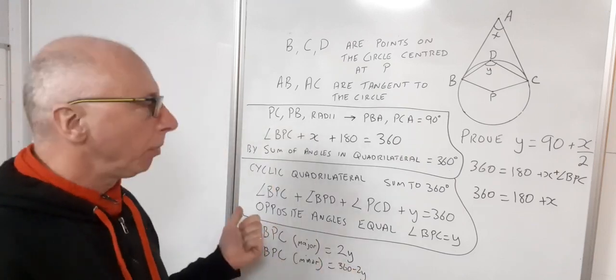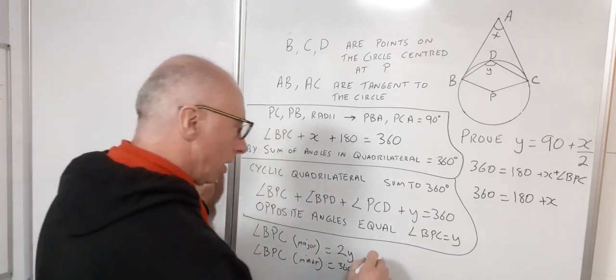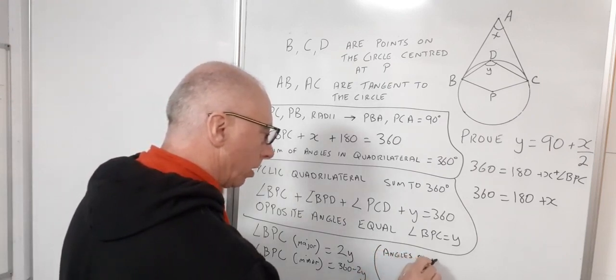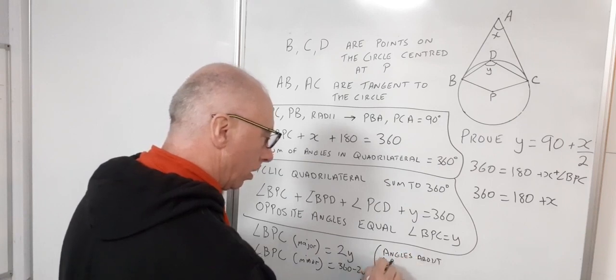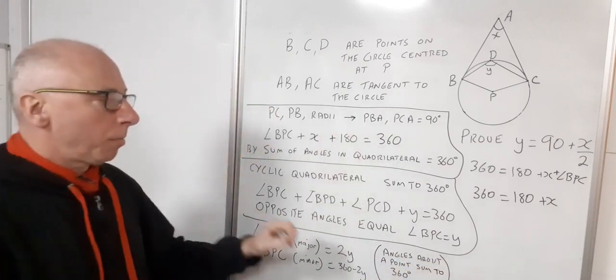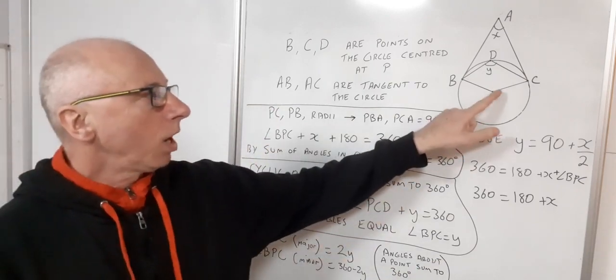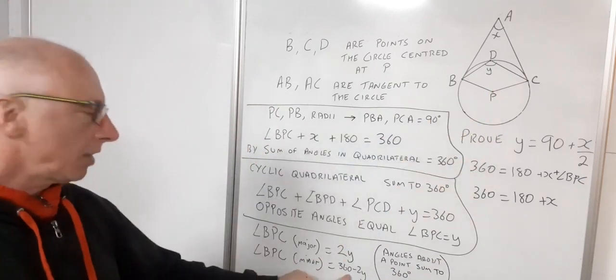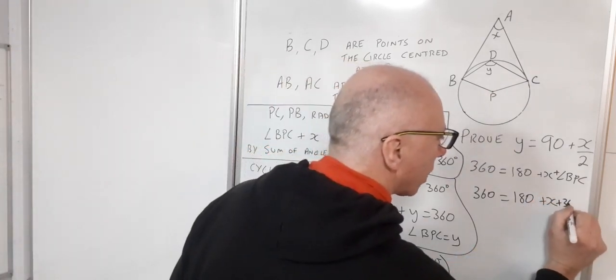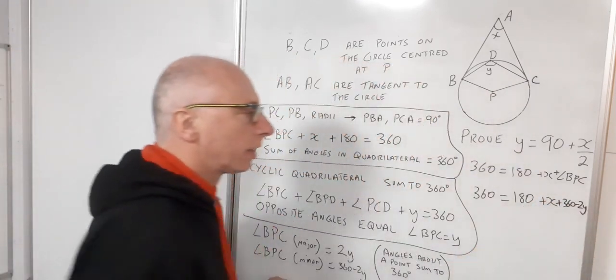So angles about a point are always 360. So just make a note here, angles about a point sum to 360. Okay. So my angle BPC, what I want there is my minor part, that's 360 minus 2y. So plus 360 minus 2y.